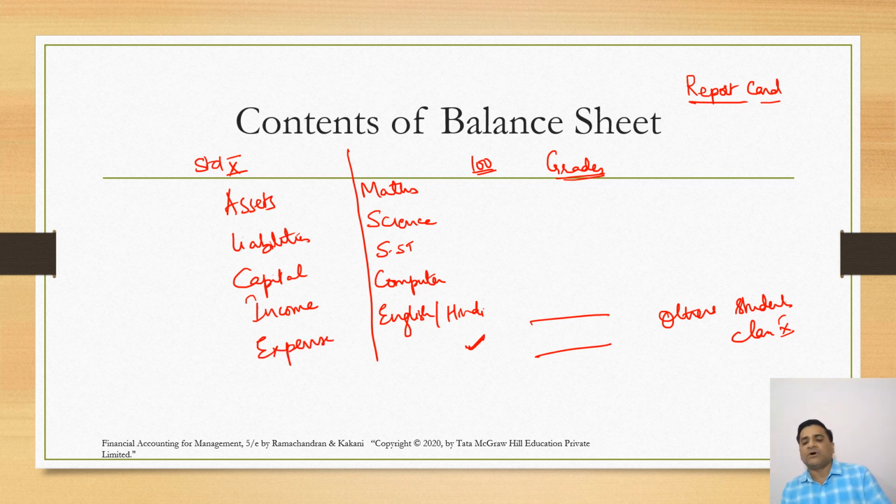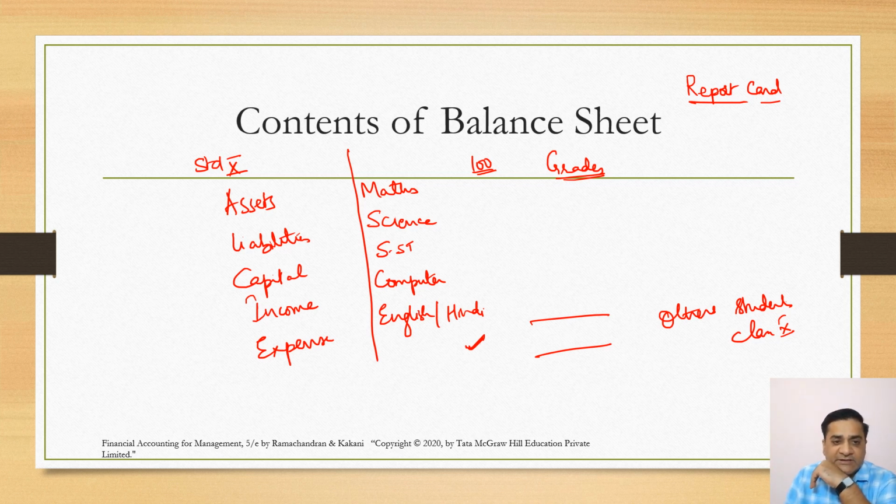Friends, if you want to really understand accounting in the simplest manner, you need to understand these five things. These five things are the pillars of accounting, and you won't find any transaction beyond these five types of accounts. The first is asset.